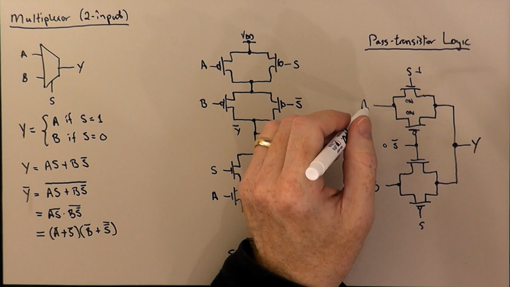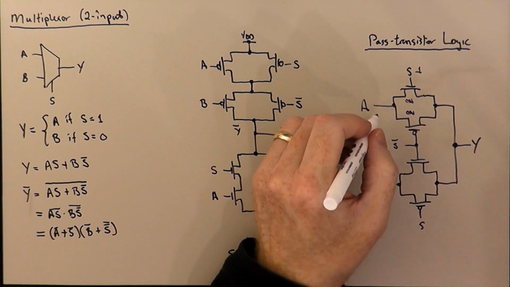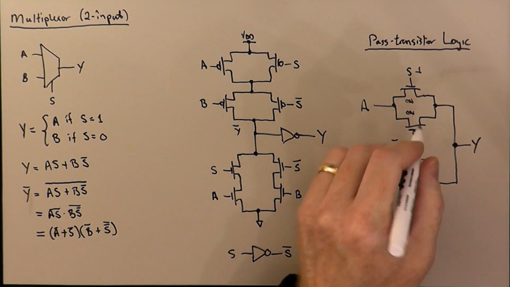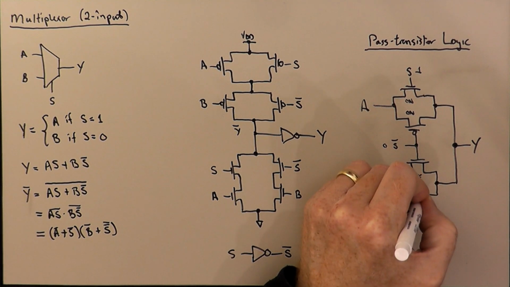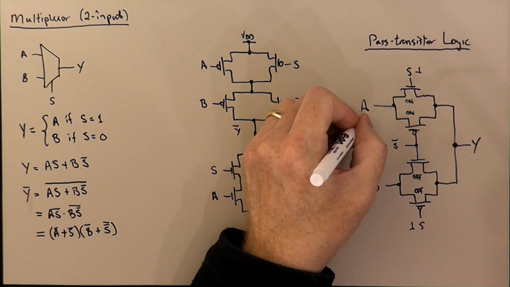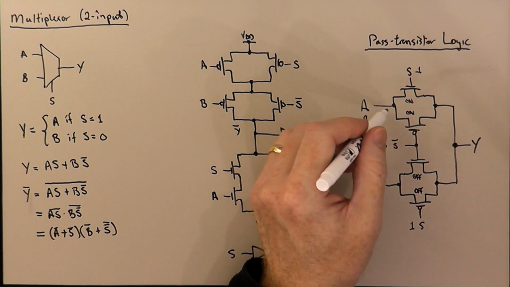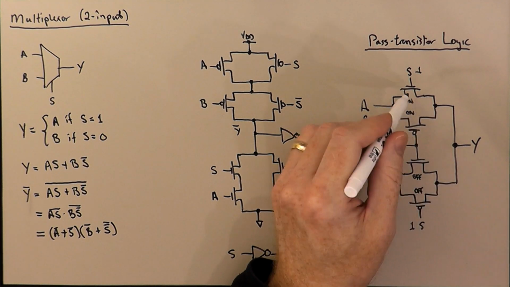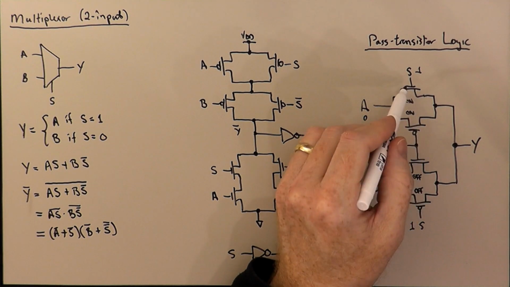So here, if we imagine S is equal to 1, these transistors will both be off. And if we imagine that A is a 0, well, A is going to be pulling down Y to 0 through the S NMOS transistor up here.